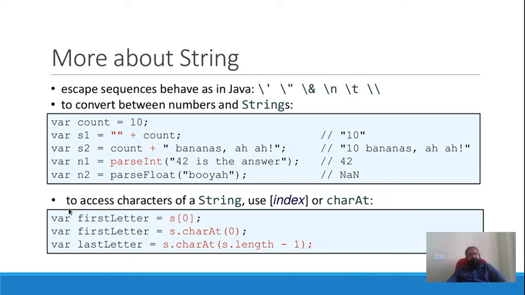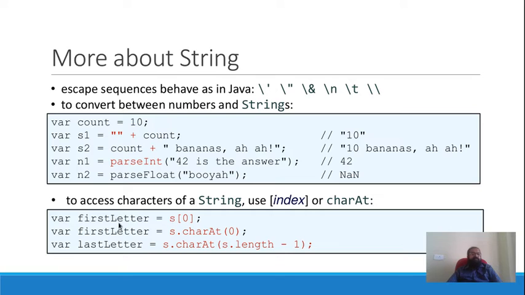To access a character of a string, use the index or caret. So you can use the array indexing method. Of course, strings and characters are not separate in JavaScript, but you can still use array indexing to access the characters at a particular location.